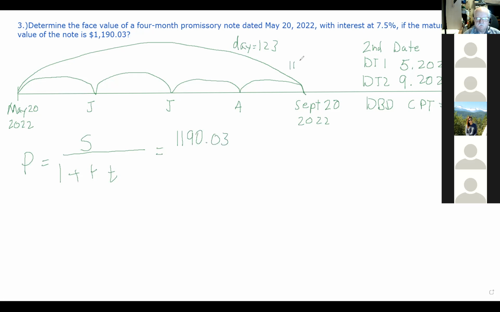That's here. Divided by 1 plus the rate, 7.5%. And we can now do 123 over 365. I'm hoping somebody is doing that calculation and will tell us the answer while I sit here and drink tea and pretend I'm earning a living.